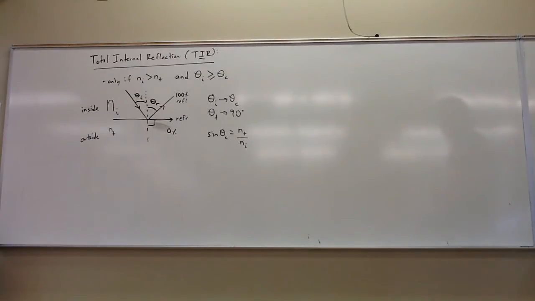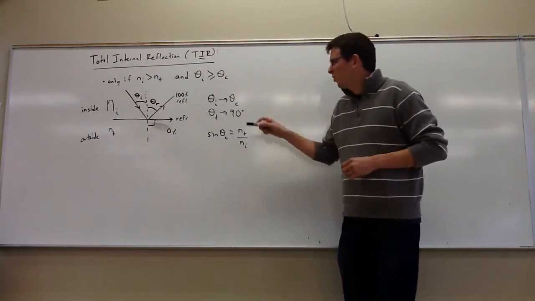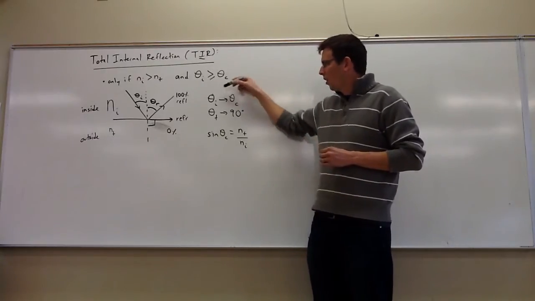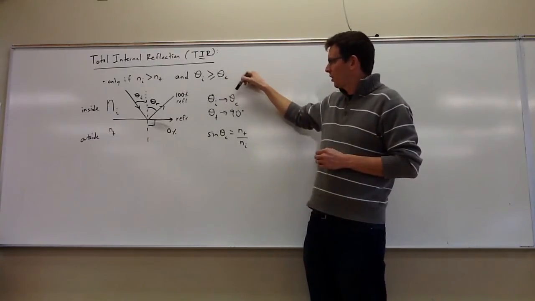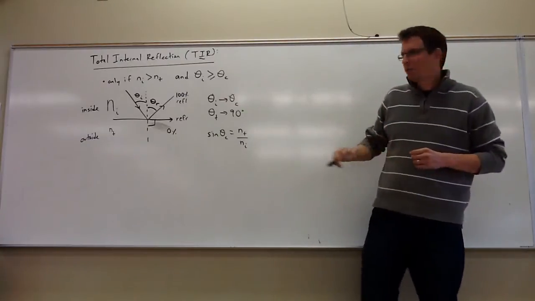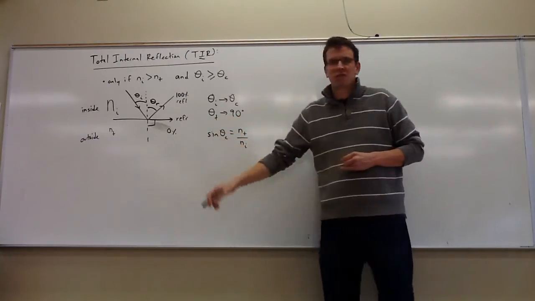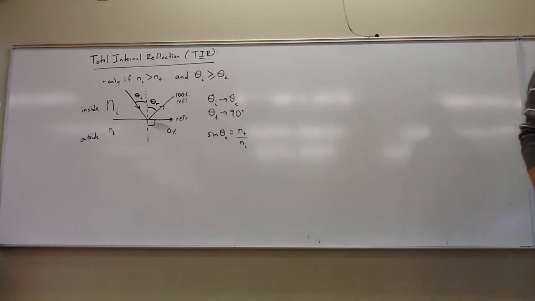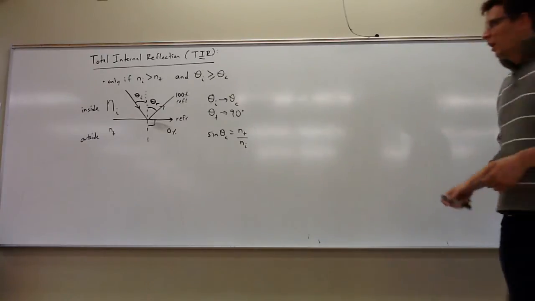Again, the way we arrived at what happens here was that when you make the incident angle large enough, we call that the critical angle. That's when the refracted angle goes to 90, which is to say that it doesn't really enter into the second material at all.